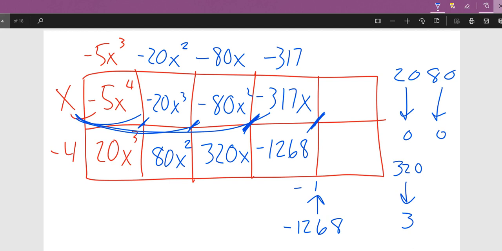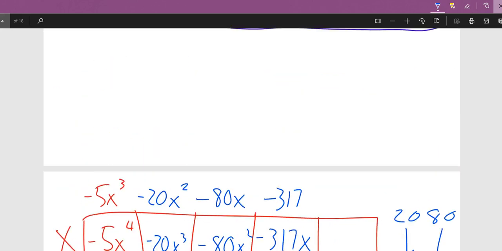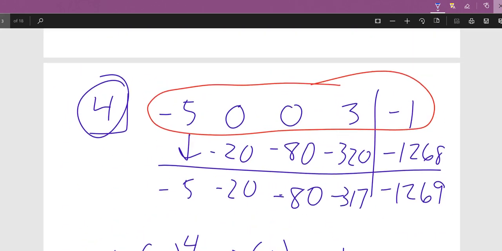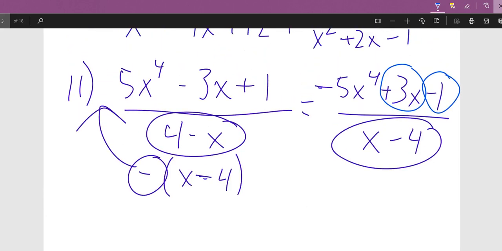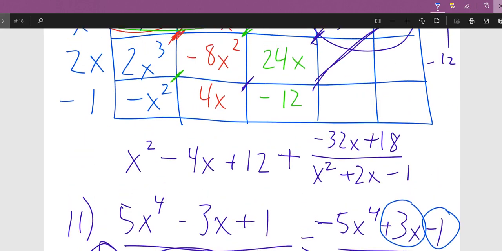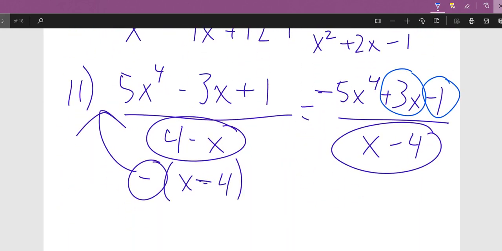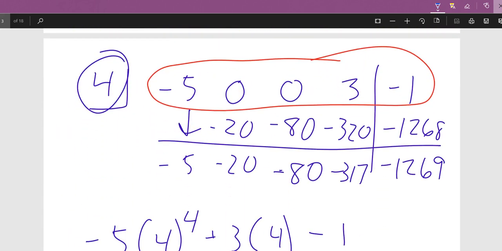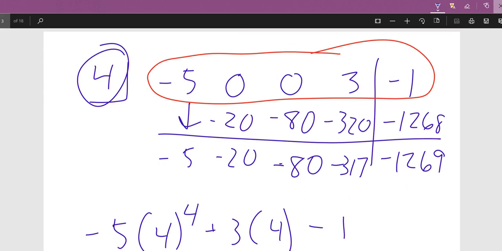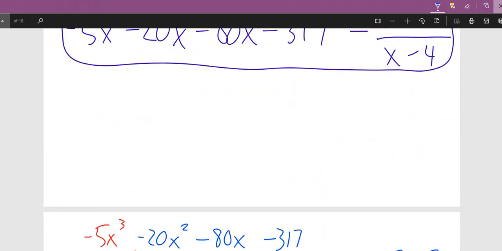That doesn't seem right. Let me go back and look at that again, because that doesn't seem right. You have to add up to negative 1. Did I do the original problem wrong? Well, I don't know how I would have done the original problem wrong and verified it. So what am I doing wrong down here?